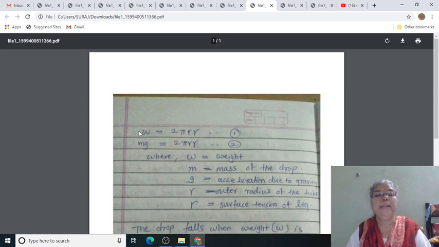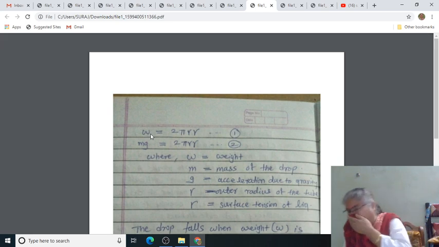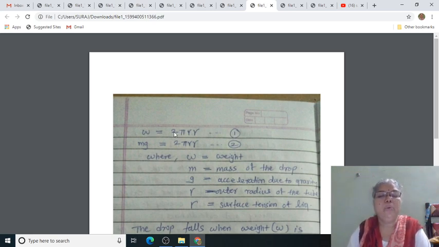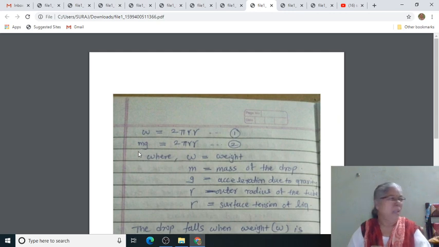Here according to Tate's law, when the drop is detached from the capillary, its weight W is equal to 2 pi r gamma, and it is equal to mg, that is, mg is equal to 2 pi r into gamma, where W is the weight, m is the mass of the drop, g is the acceleration due to gravity.